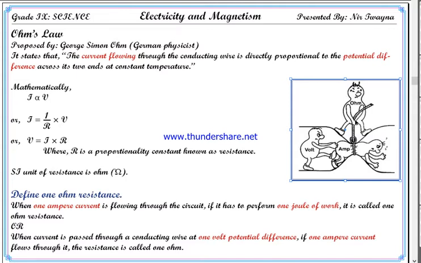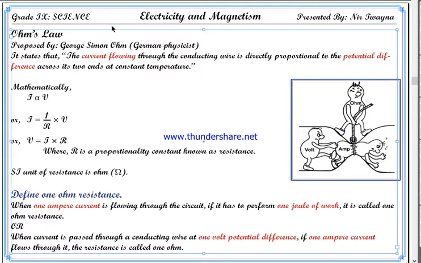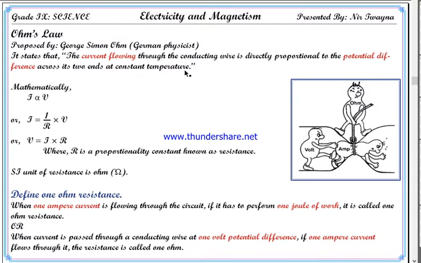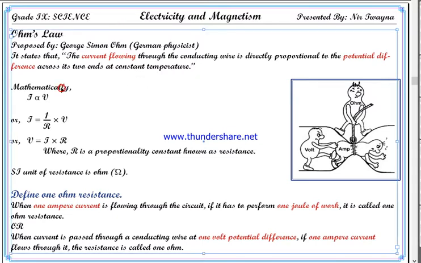That is why the relationship is established between potential difference and electric current. The current flowing through the conducting wire is directly proportional to the potential difference across its two ends at a constant temperature. So mathematically it would state I is proportional to V.